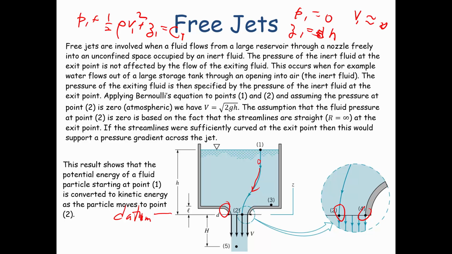So if we take those three variables, we can say that C1, which is equal to P1 plus rho V1 squared divided by 2, plus Z1, is equal to a constant.